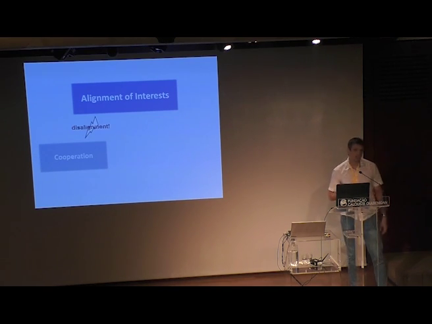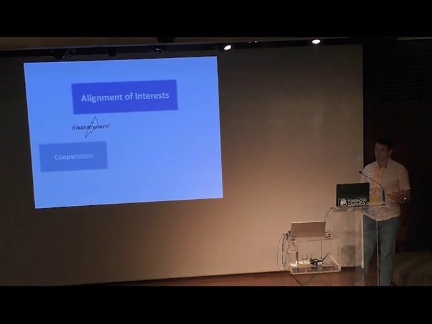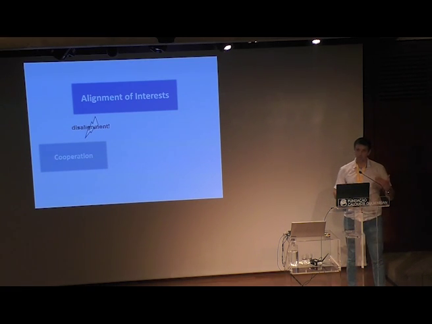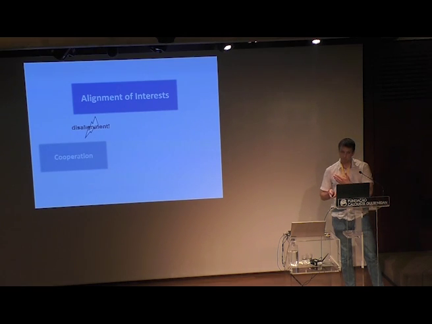So even in joint undertakings like the trust game that was presented in the previous talk, I and my collaborative partner benefit from the outcome of the game, but I still have a preference that all of the profit goes to me, and the partner has the preference that all of the profit goes to them. Okay?